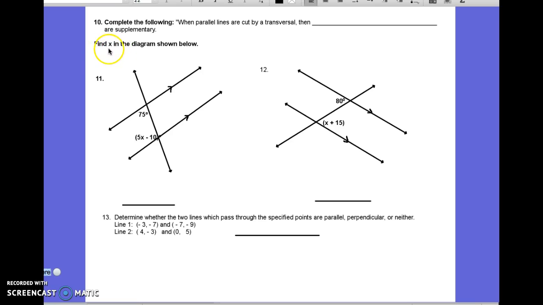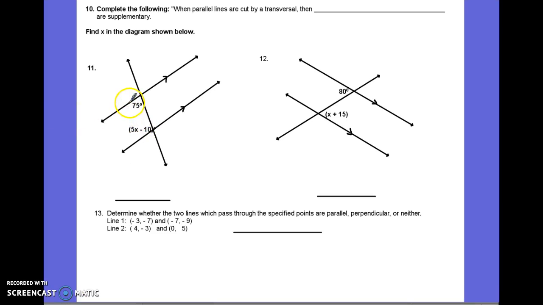For number 11 and 12, it says, find x in the diagram shown below. As we take a look here, we see this angle here is 75. And this seemingly bigger angle here is 5x minus 10. Let me give it a double arc to distinguish it from the other one.